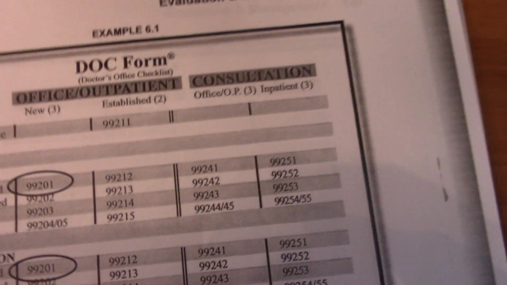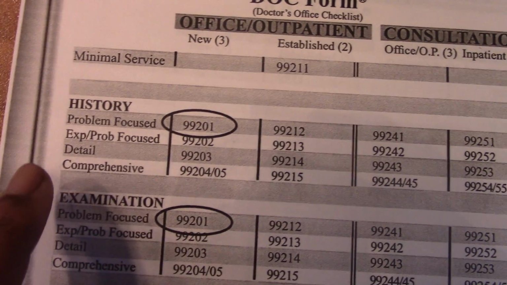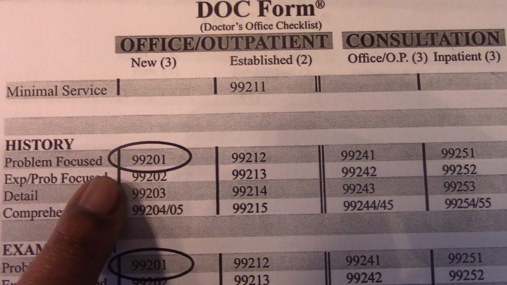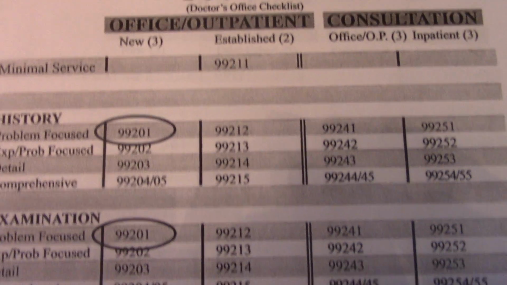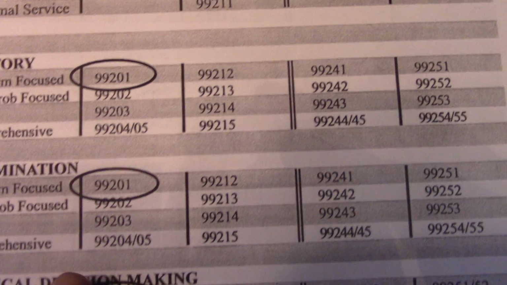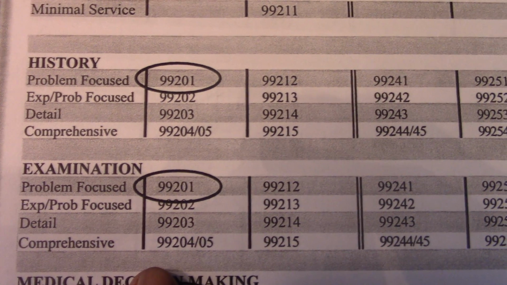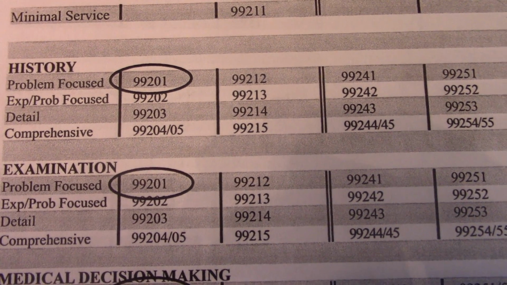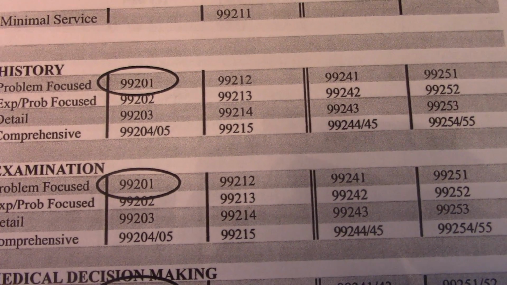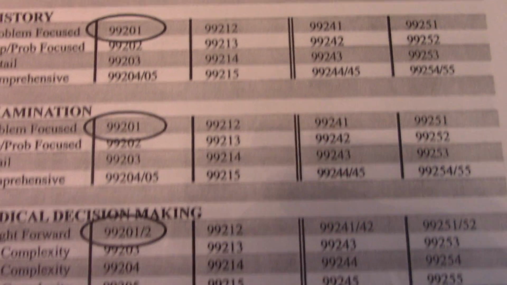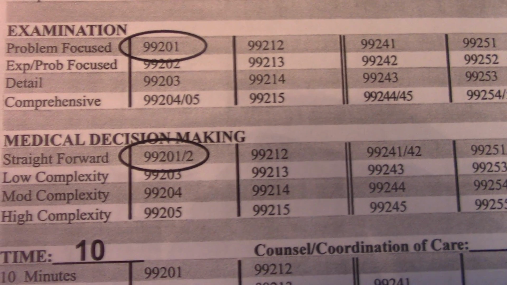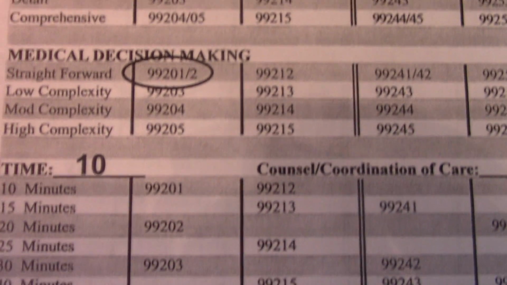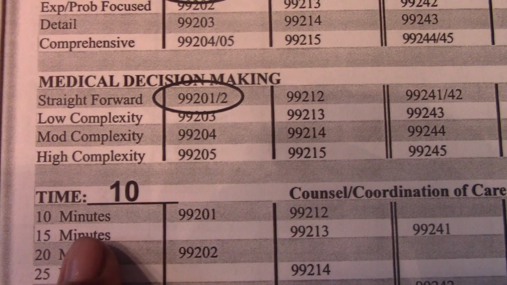And in this case, your physician takes a problem-focused history and completes a problem-focused examination. Your physician decides that the patient has poison oak and that he needs a certain lotion. So it's straightforward medical decision making. The entire visit takes 10 minutes. So see how the number 10 is written on this line right beside it?